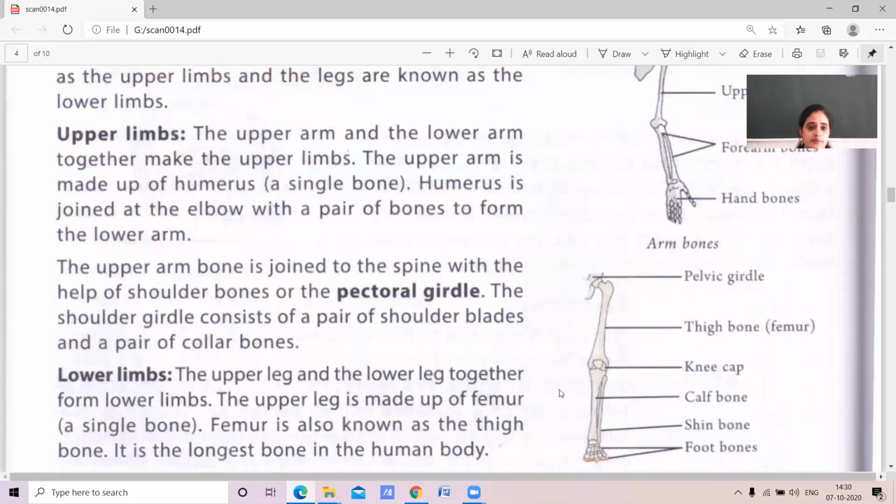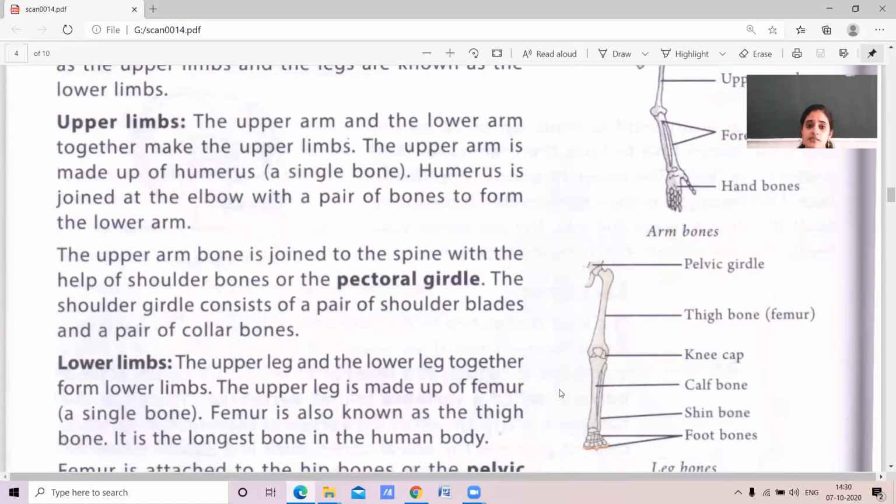The upper arm and the lower arm together make the limb. The upper arm is made up of a single bone, the humerus, which is joined at the elbow with a pair of bones to form the lower arm, children.